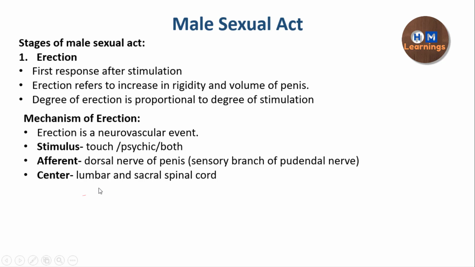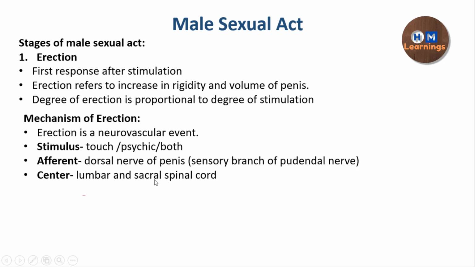So in the case of the erection, it is mainly a parasympathetic action. In the case of the male sexual act or the male sexual behavior, the autonomic nervous system plays a very important role, both parasympathetic and sympathetic. So erection is mainly a parasympathetic function.